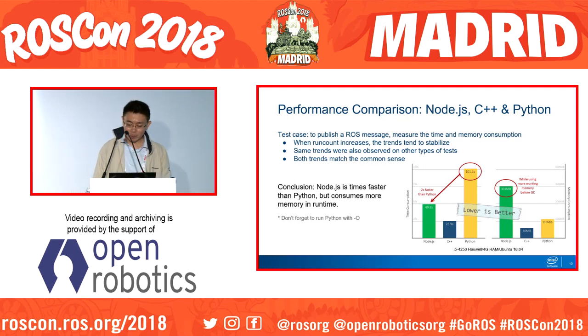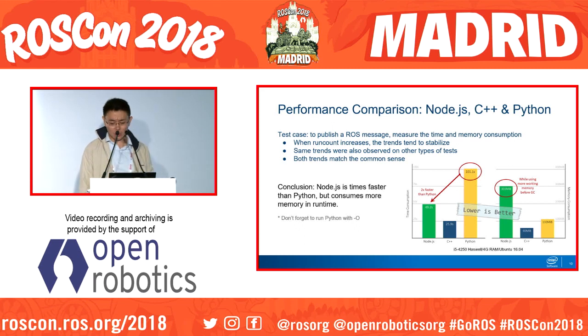And the diagram below shows the time and the memory consumption when running the test case. From the left column chart, we can see that the Node.js client took longer time than the C++, but close to it and much more ahead of the Python client. It's about 2 times faster.